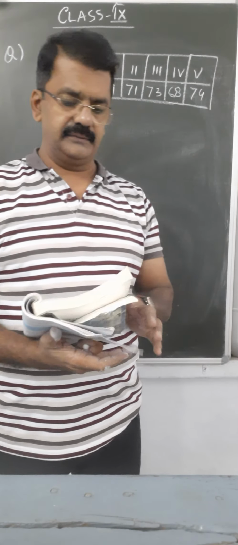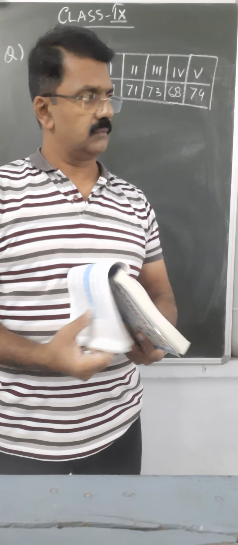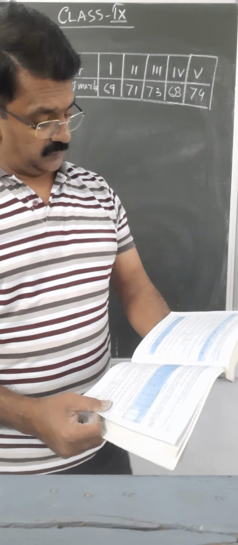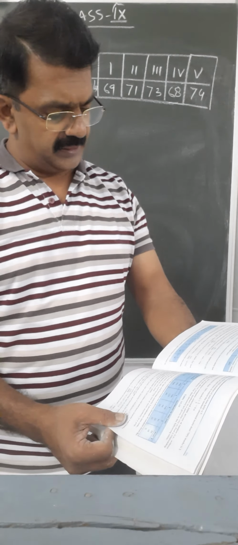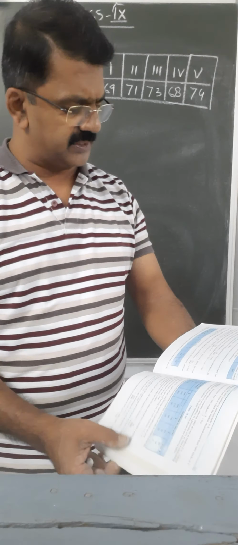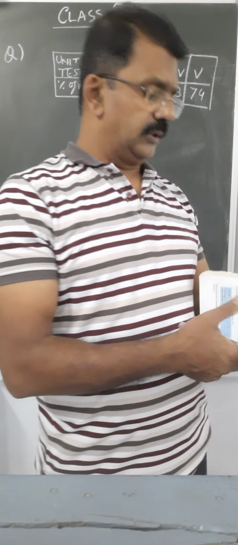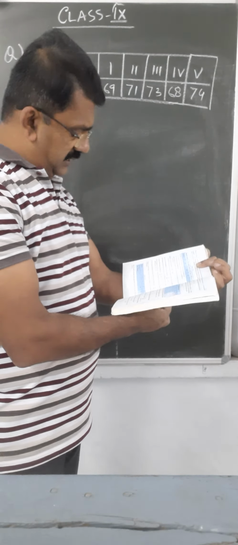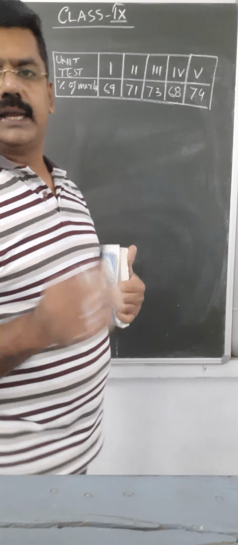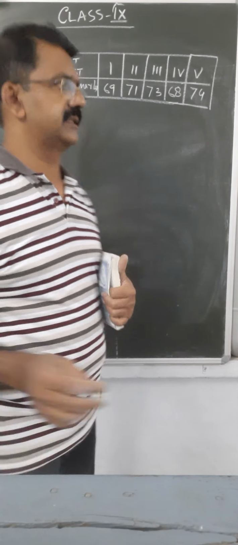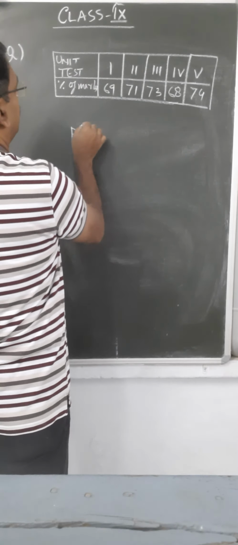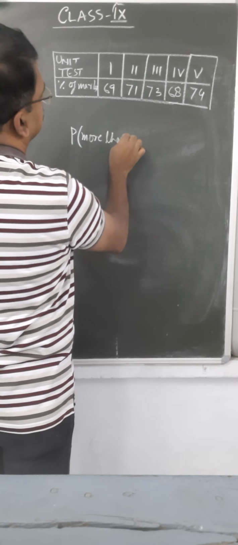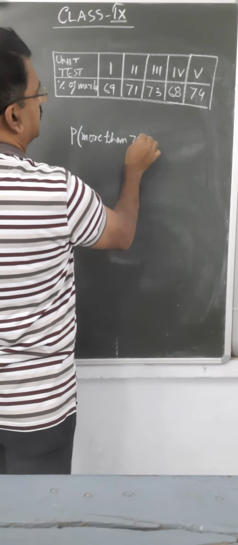Now the first part: find the probability that the student gets more than 70% marks in a unit test. So the probability of more than 70%.